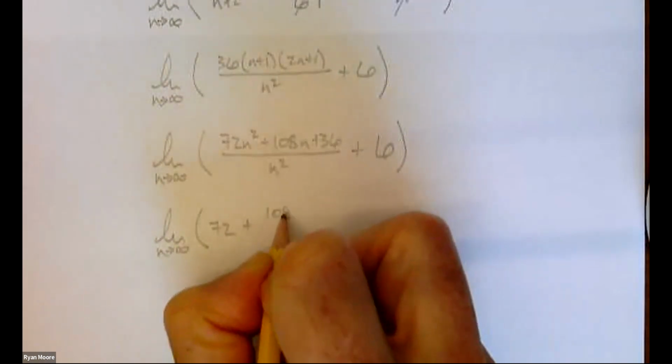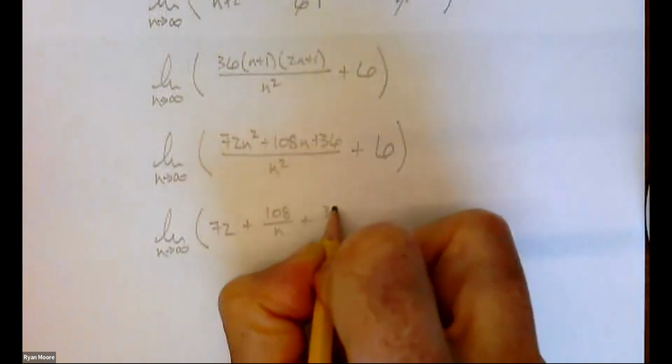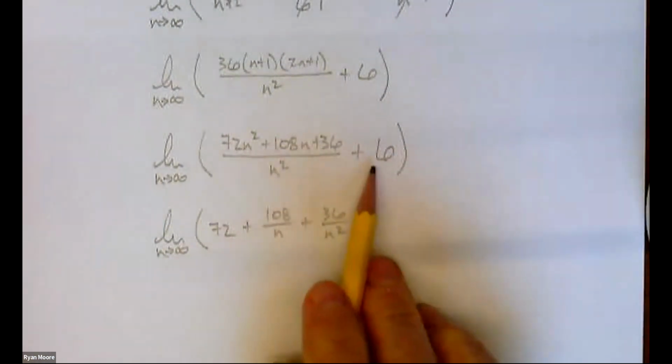So dividing each one by n squared, we've got 72 plus 108 over n plus 36 over n squared, and then plus 6 over here. Let's just add that on to the 72, make it 78.